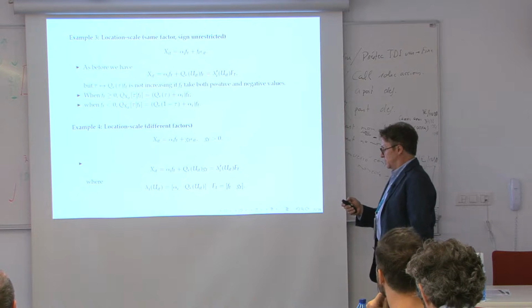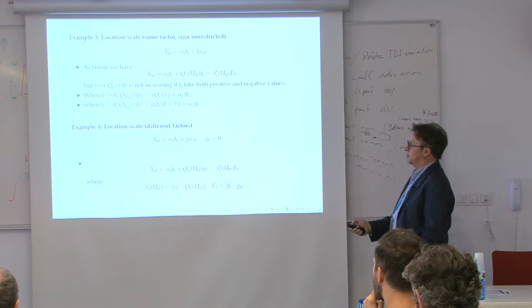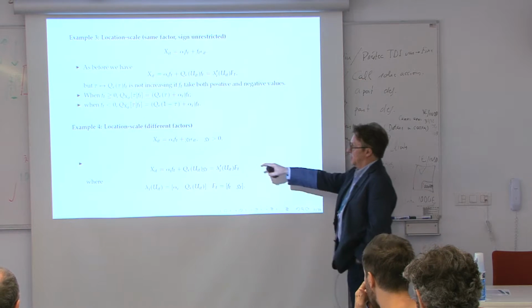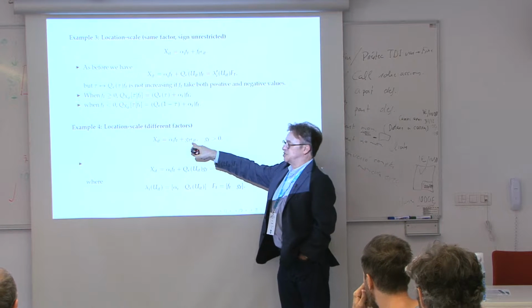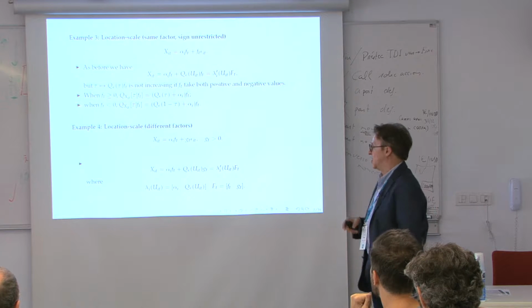A very interesting case is also a location scale model with different factors. So you have Ft affecting the mean, and Gt, which is a different factor, affecting the variance.